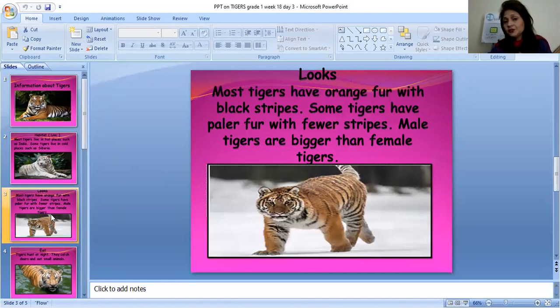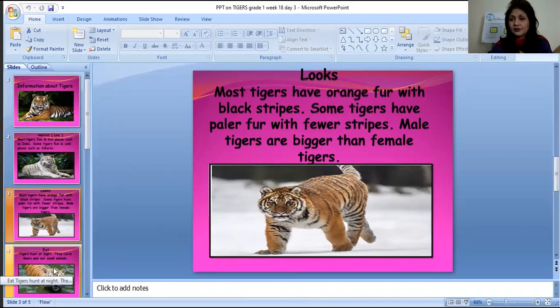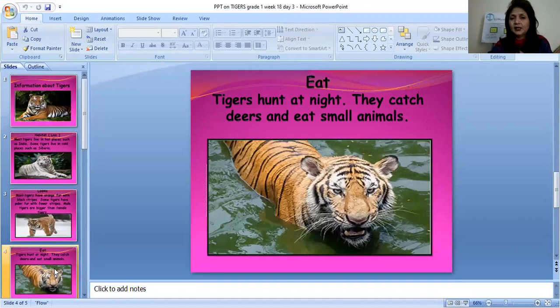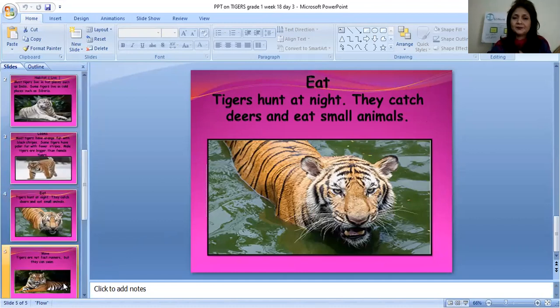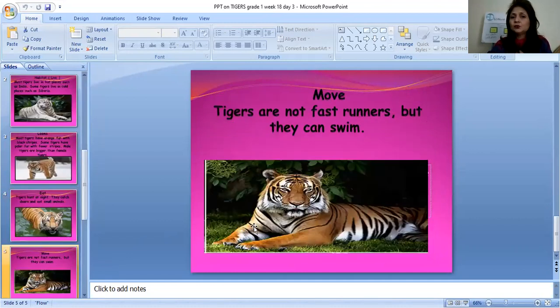Most tigers have orange fur with black stripes. Some tigers have paler fur with fewer stripes. Male tigers are bigger than female tigers, right? Okay. Eat. They hunt. Tigers hunt at night. They catch deer and small animals. Now comes movement. Tigers are not fast runners, but they can easily swim.